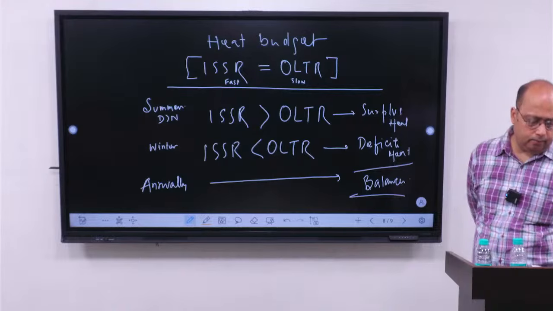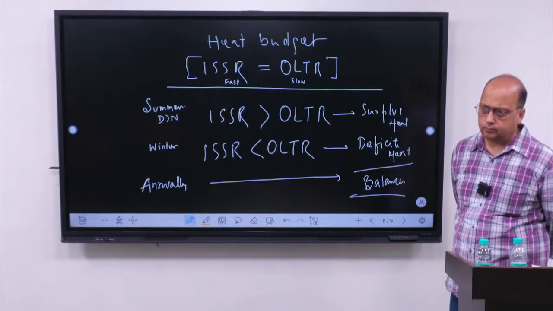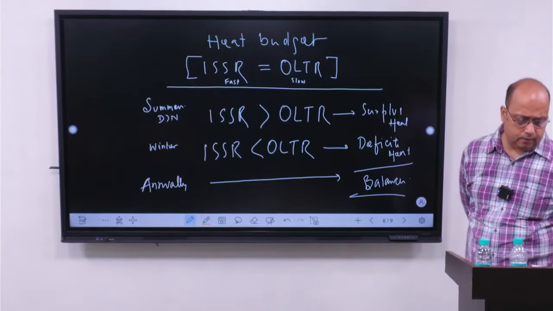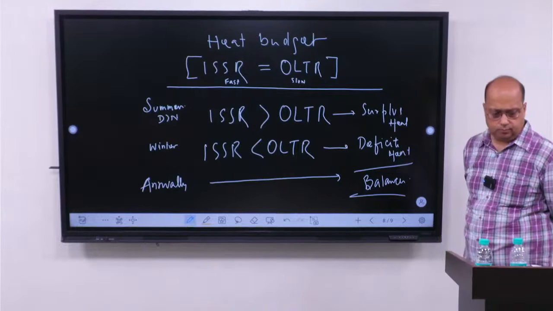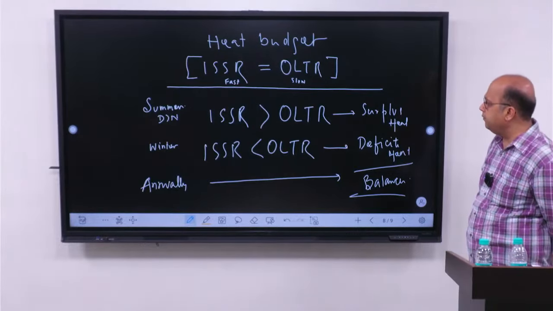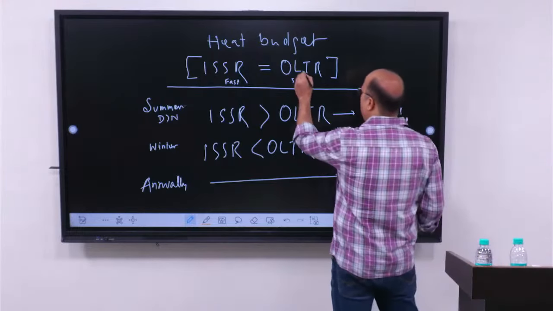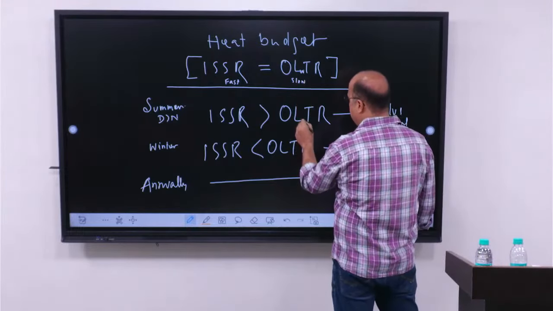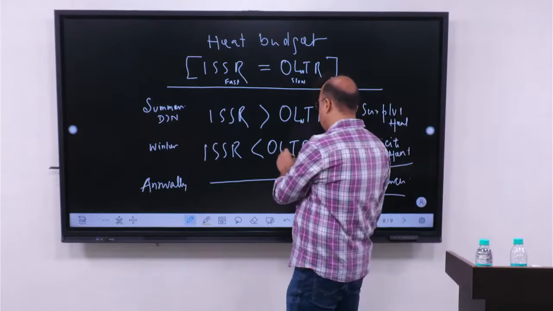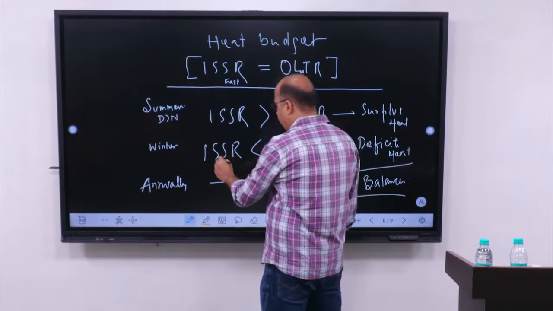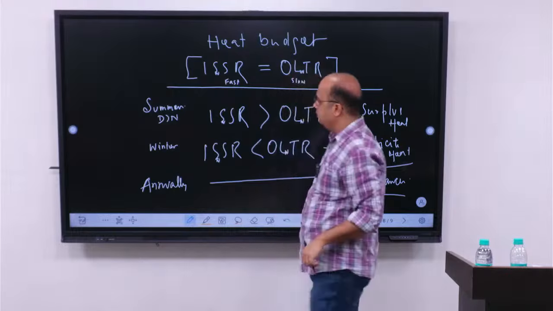While during winters, outgoing long wave terrestrial radiation is more than incoming short wave solar radiation.